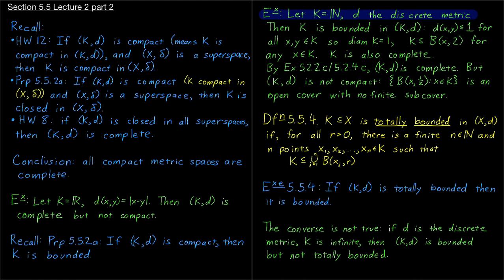For example, you cannot cover (K, d) by finitely many balls of radius 1/2, so total boundedness doesn't work with r equals 1/2. And it's not too hard to show that all compact sets are indeed totally bounded.